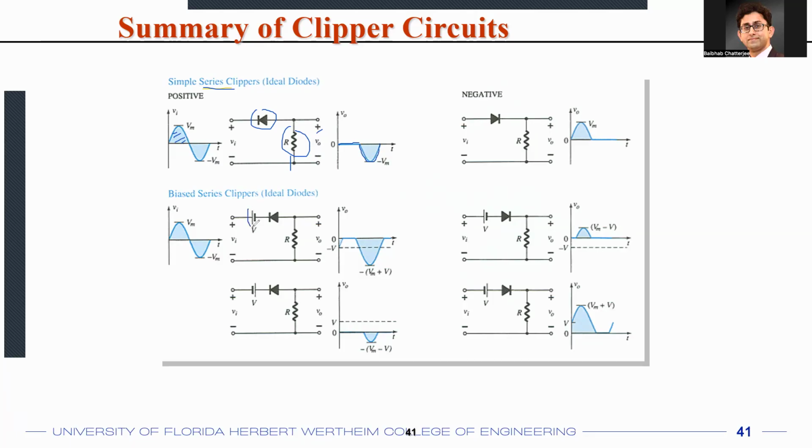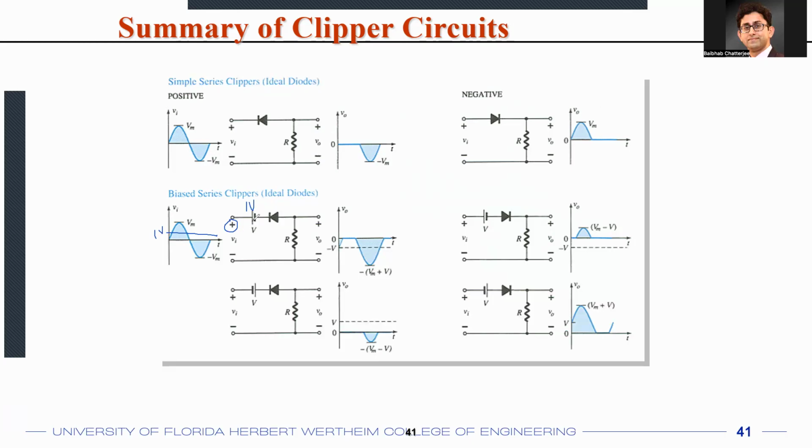However, if you bias the series clipper, depending on the direction of the battery that you place, just analyze what happens if my input is a little bit positive or a little bit negative. So if this battery is of 1 volt, then what is happening when you have, for example, a positive 1 volt input? You are applying 1 volt over here.